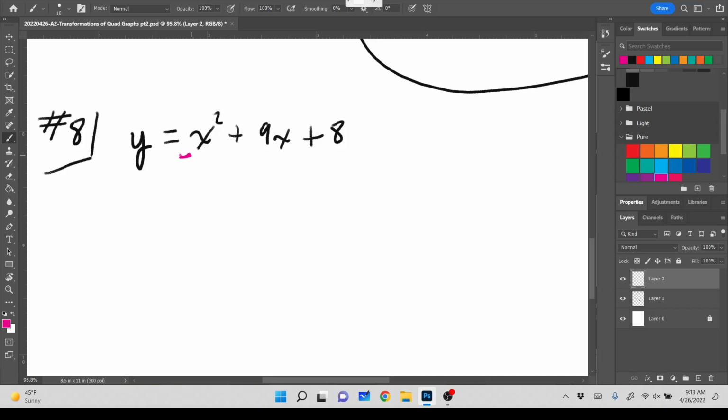So what's my next step after that? Move the 8 over. That's right. Easy peasy lemon squeezy. So we go y equals x squared plus 9x and then plus 8. Then what?